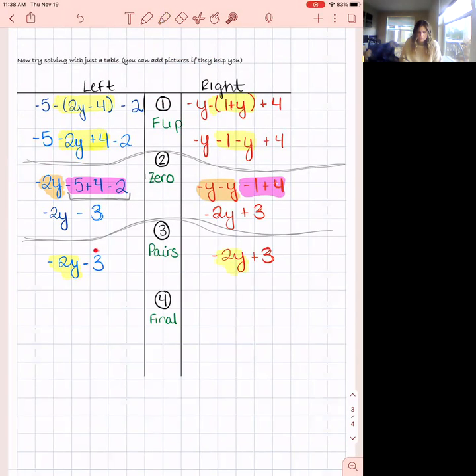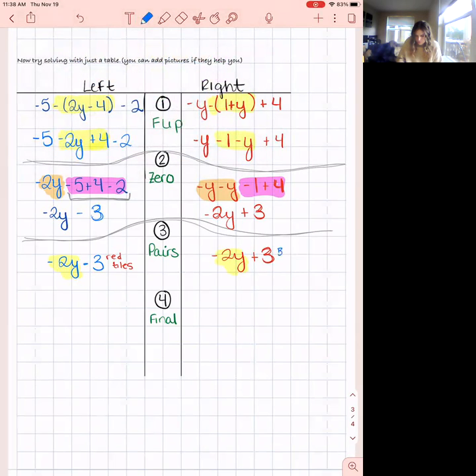Now it looks like they both have unit tiles, but if this was a picture, these would be red tiles, these would be blue tiles, and we can't make pairs with red and blue, so we don't pair those up.